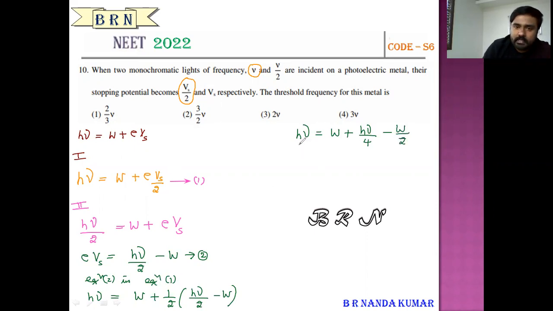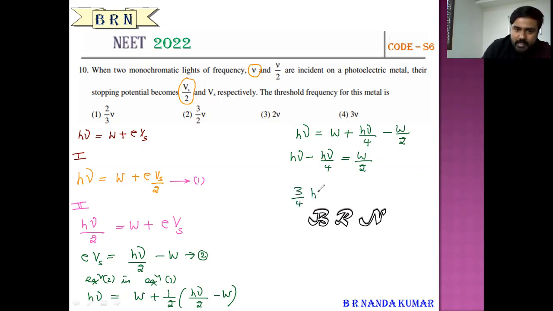If we shift this term to this side, h nu minus h nu by 4 is equal to W minus W by 2. 1 minus half, W by 2 comes. Correct? So 1 minus 1 by 4 is 3 by 4.